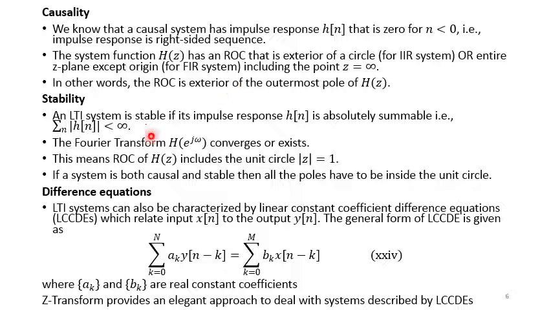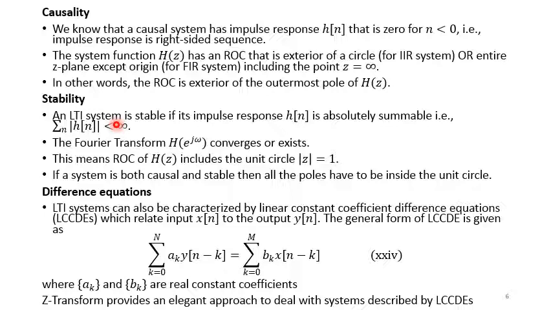Similarly, for stability, an LTI system is stable if its impulse response is absolutely summable. That means if you sum the absolute value from minus infinity up to infinity and it results in some finite value, then the system is stable, and if it results in an infinite value, the system is not stable.